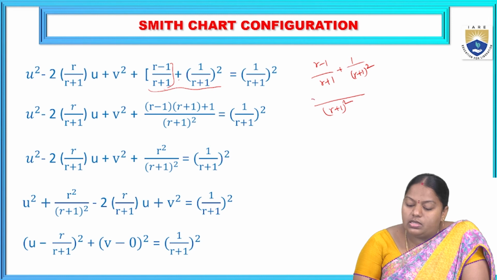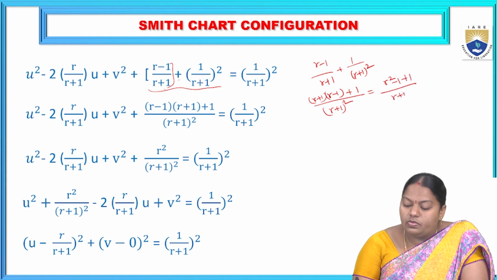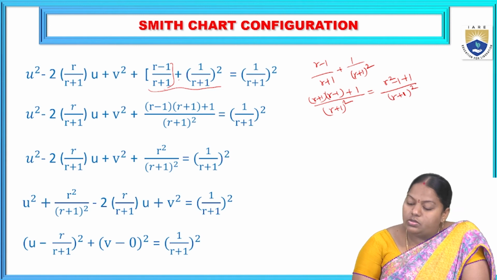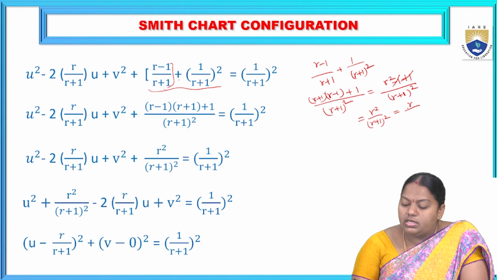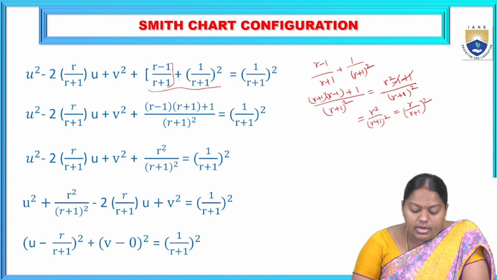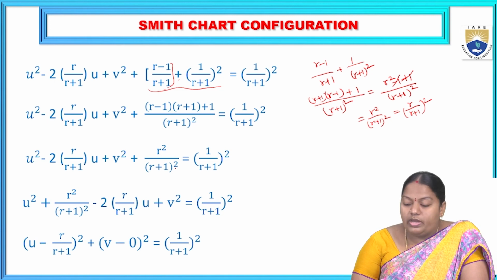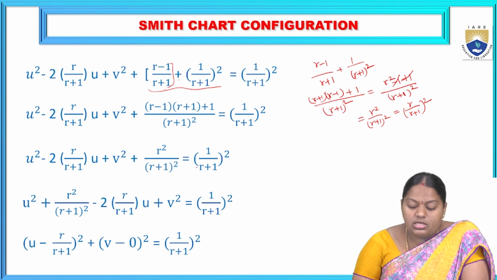Now r plus 1 is already there, so (r plus 1) into (r minus 1) is a plus b into a minus b, which gives r square minus 1, plus 1 over (r plus 1) whole square. Plus 1 minus 1 gets cancelled, leaving r square by (r plus 1) whole square, or collectively we can write it as (r/(r plus 1)) whole square, which is equal to 1/(r plus 1) whole square.